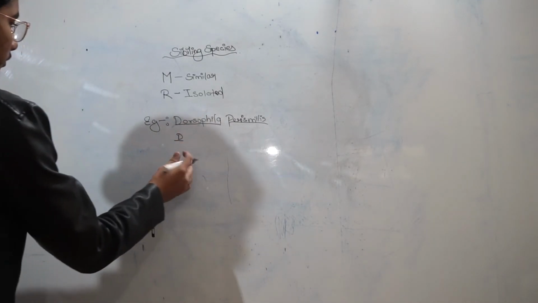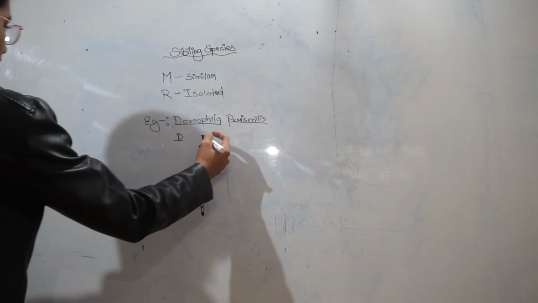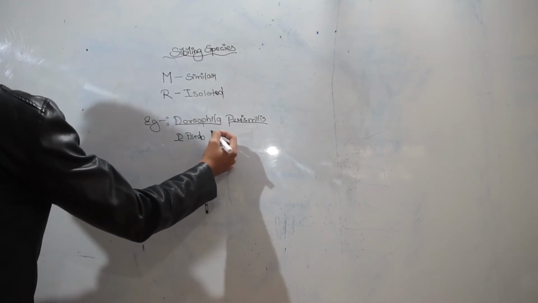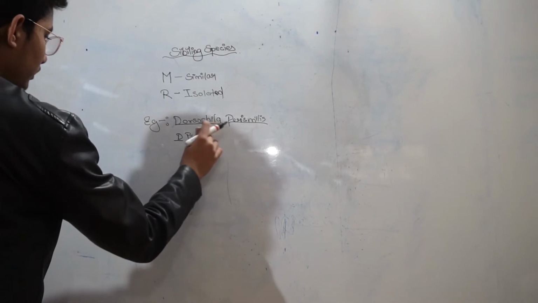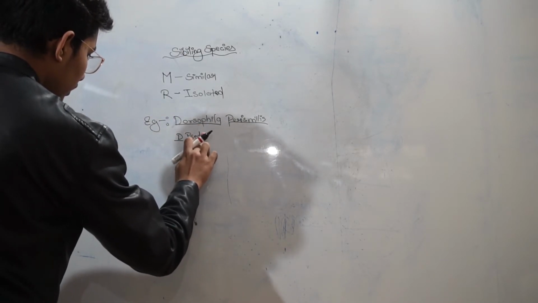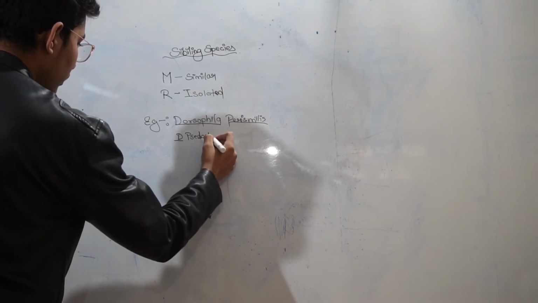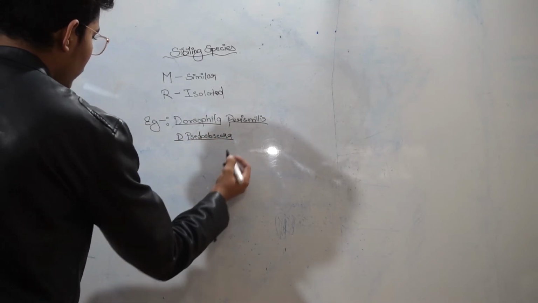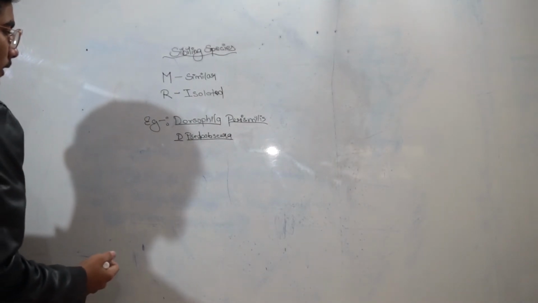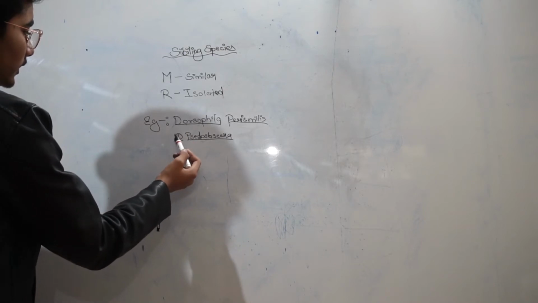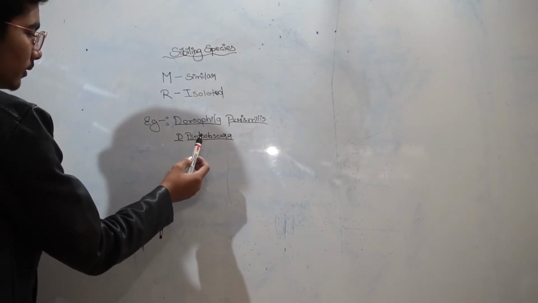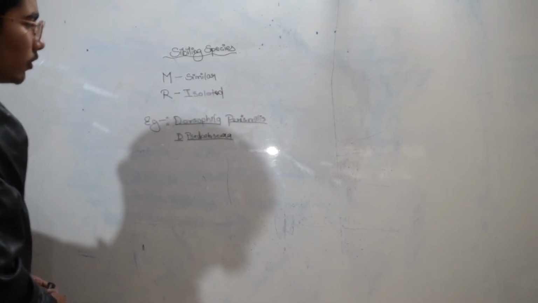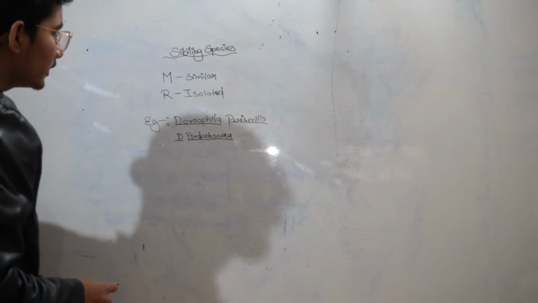I am writing Drosophila as D. So here the genus is the same for both, but the species epithet is different. So we can say that they are morphologically similar but reproductively isolated.